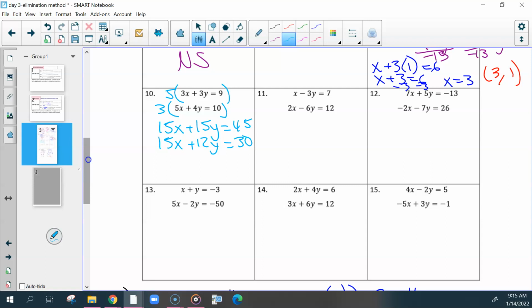Now we can eliminate by doing what? Subtracting. 15x minus 15x would be 0. 15y minus a positive 12y would be 3y. 45 minus 30 would be 15. And then we could divide.